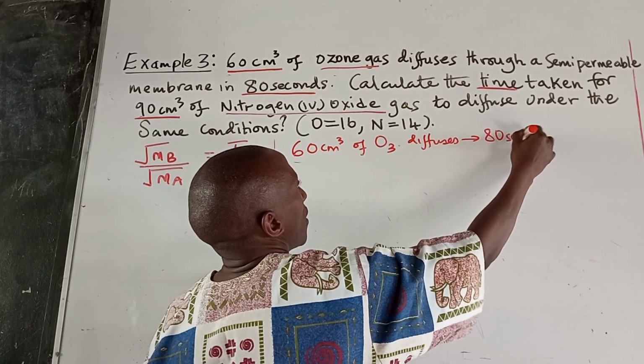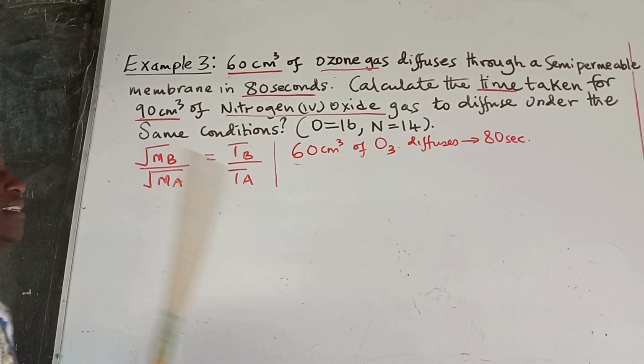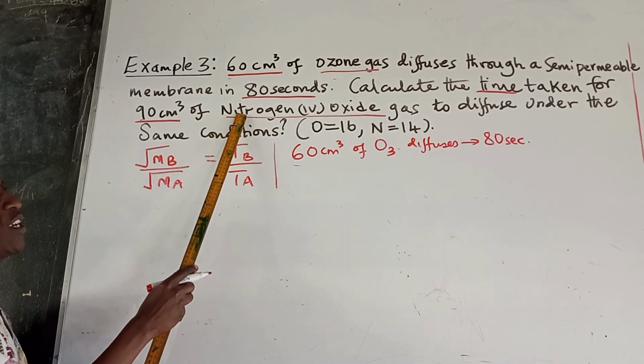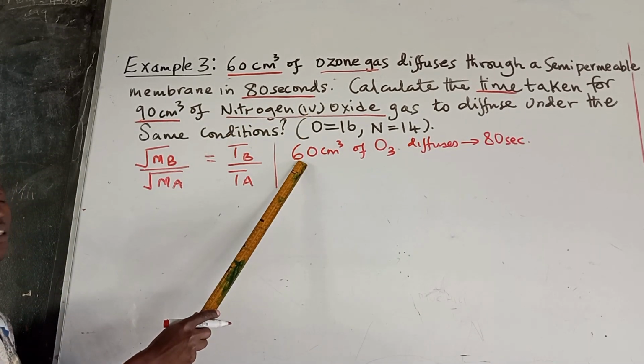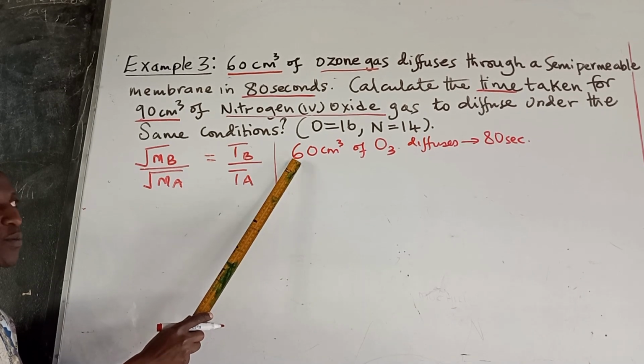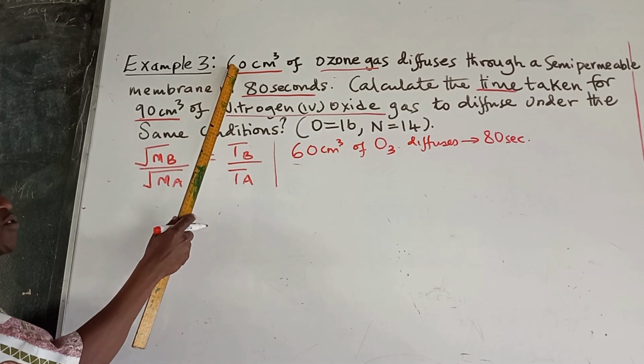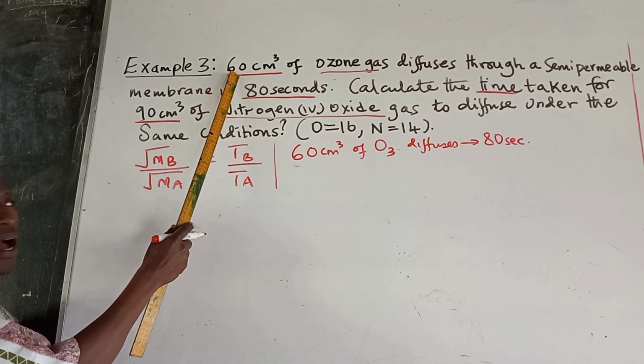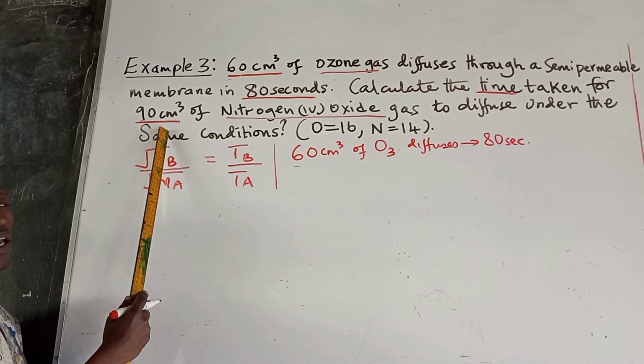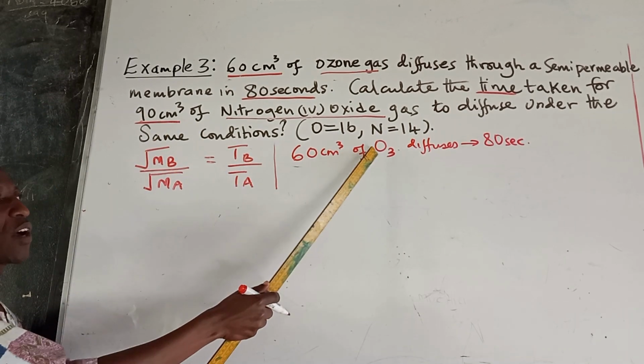Now, since the nitrogen 4 oxide is not 60 centimeter cubed, we try to see if this ozone gas were 90 centimeter cubed, what time would the ozone take?